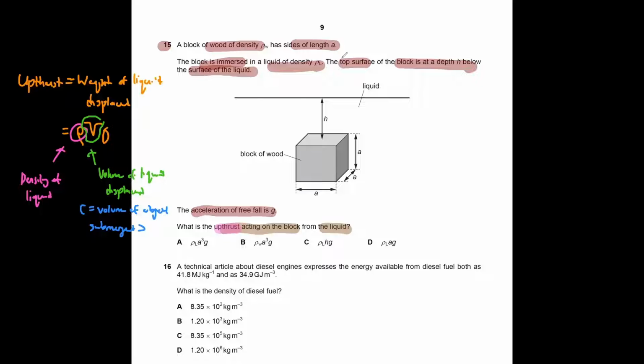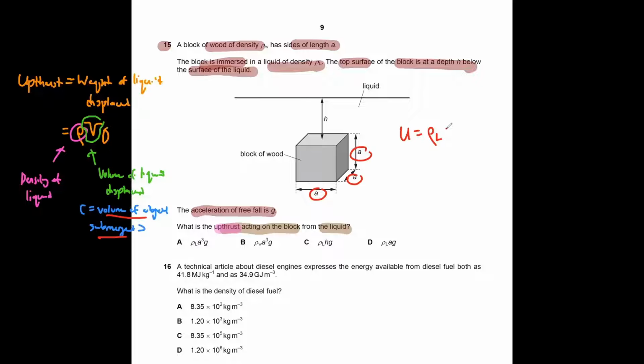All right, so here, if you want to get the upthrust, the rho here must be the density of the liquid, so it's rho L. The V here should be the volume of liquid displaced, but it could be the volume of object submerged too. So here you want to get the volume of object submerged. You take it from multiplying the sides together, because this is a cube.